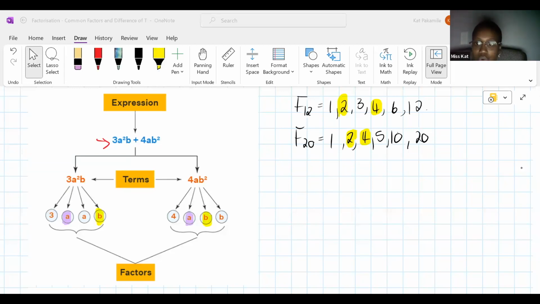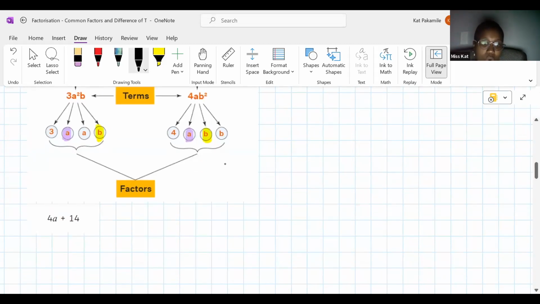So let me show you what I mean by that. Now that we know how to identify common factors, let's look at 4a and 14. Remember I said you look at the numbers and you look at the variables. What do 4 and 14 have in common? What do 4 and 14 have in common?